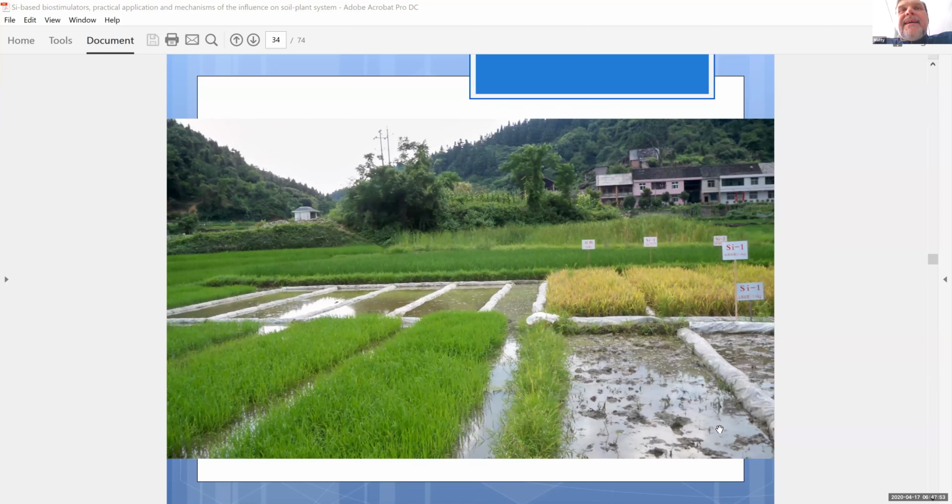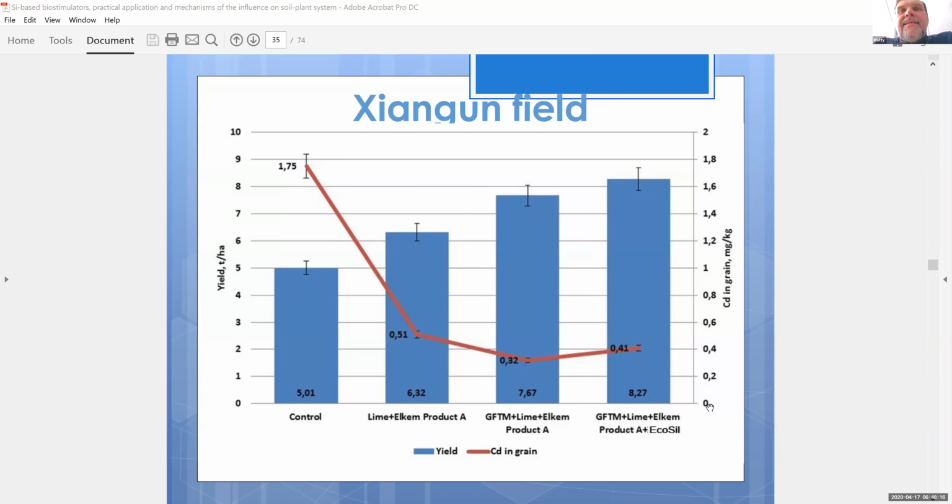So, only in China, for example, we had more than 40 field tests with a complete investigation of the status of heavy metals, mostly cadmium, and how we can increase yield and decrease heavy metal content in the rice grain. Next, please. And this is what the results usually are.